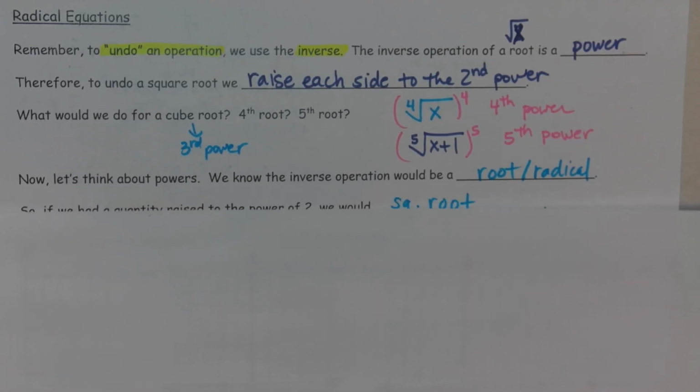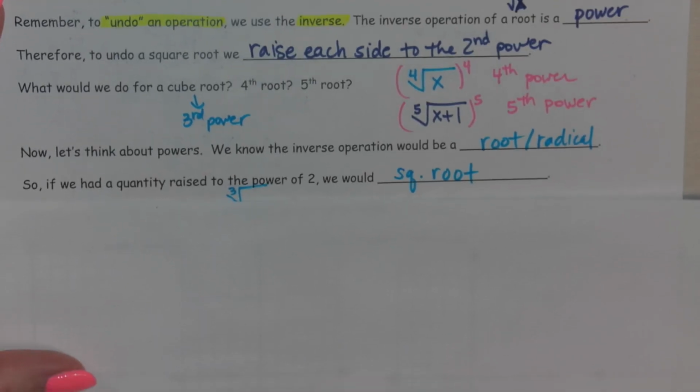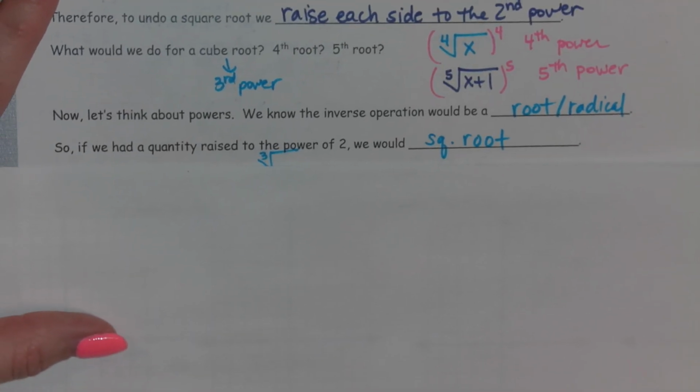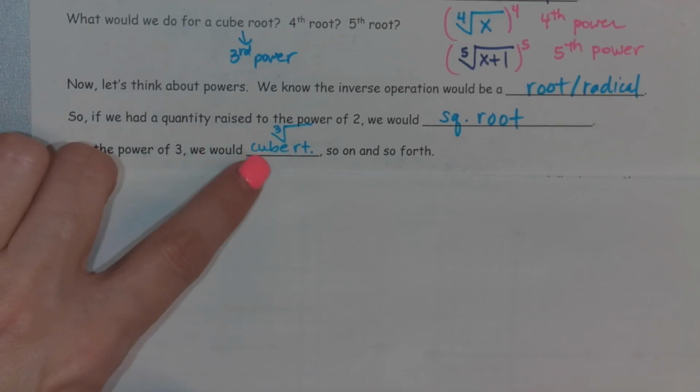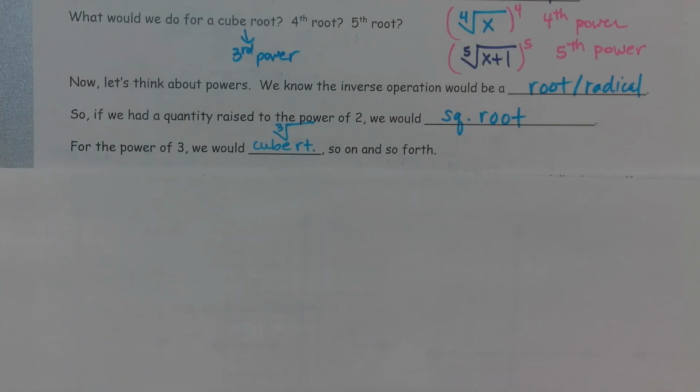So if we had a quantity raised to the power of 2, we would use the square root. And if it's a power of 3, we would use the cube root. I don't care if you write cube root or put the cube root of 3. So on and so forth.